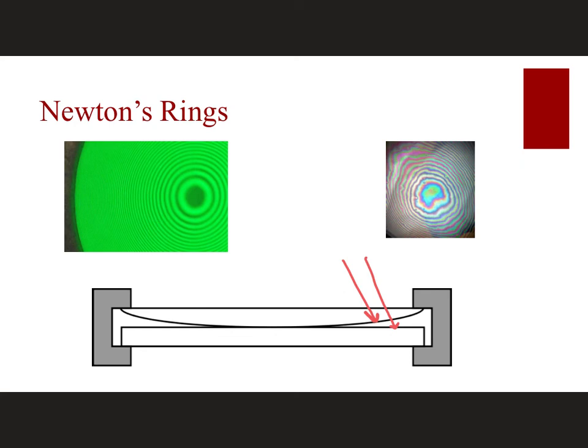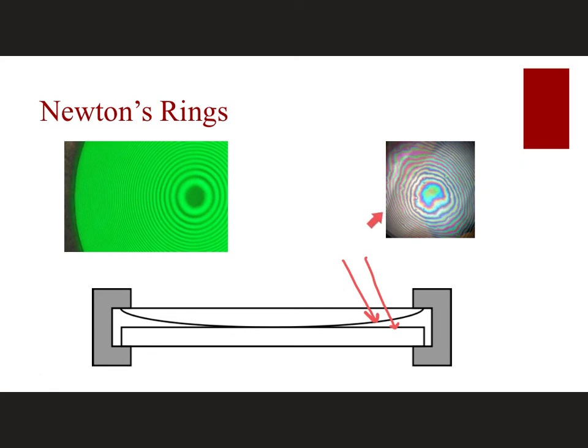Now in this case, they're nicely circular concentric rings, and that tells me that my curvature must be pretty consistent and the thickness increases gradually. That's why they're all nicely spaced. Now you can see in this one, first of all, I have light that is colored rather than a single wavelength.